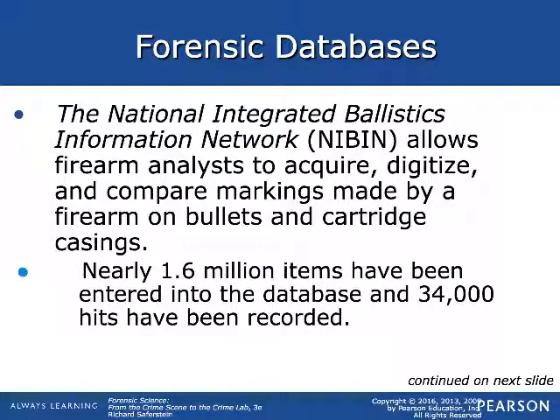Okay, now this is the National Integrated Ballistics Information Network. It's for firearms, so the analysts can acquire, digitize, and compare markings made by a firearm on bullets and cartridge casings. This is kind of cool. 1.6 million items have been entered into the database, and 34,000 hits have been recorded.